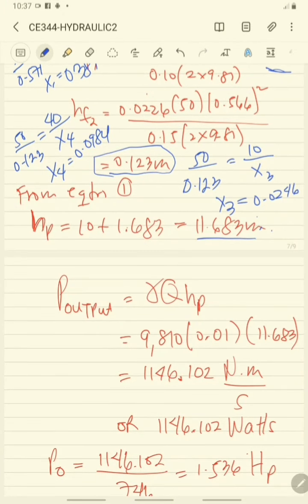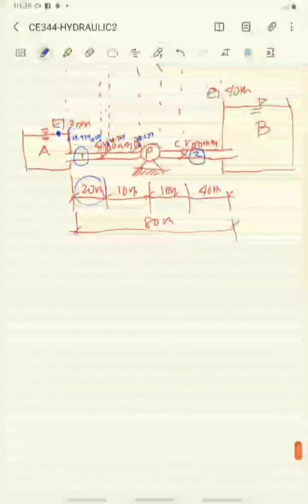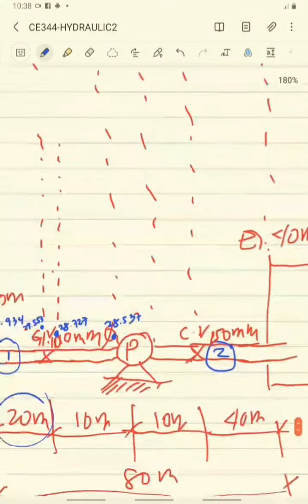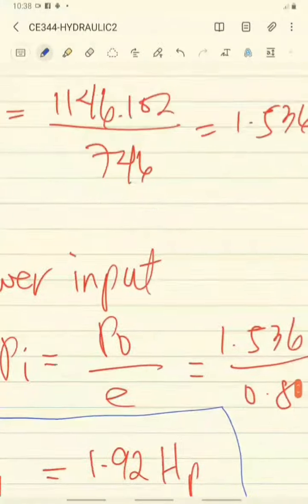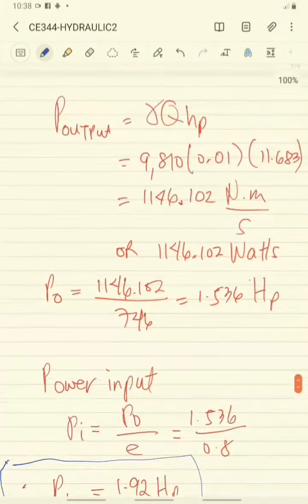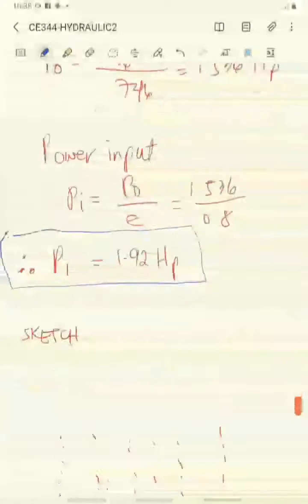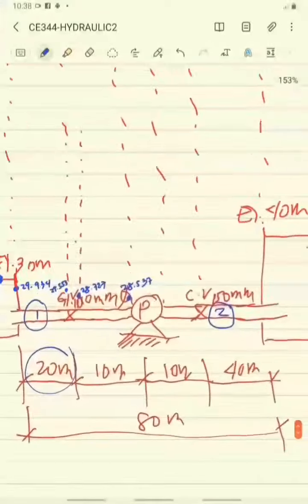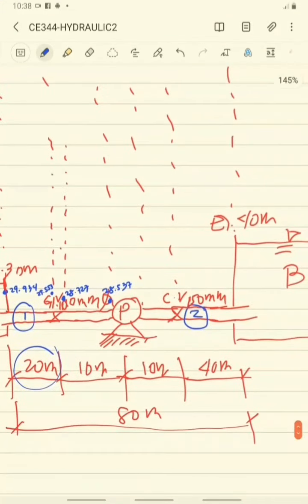So plus 11.683. So we have here 28.537 plus the head of the pump, which is 11.683. So we have here the pump, that is the head of the pump. So we have 40.